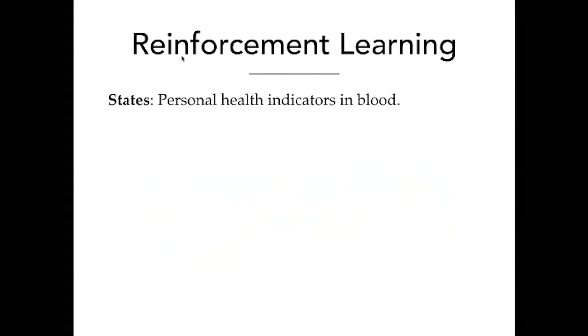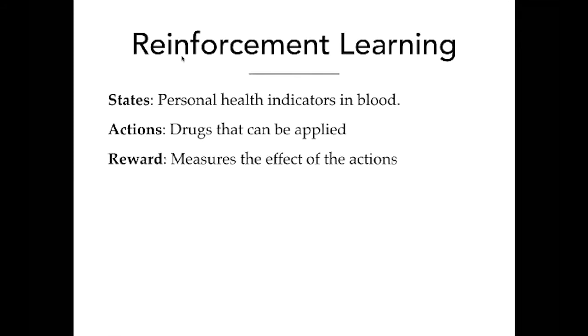In this case, the states are these health indicators in the blood. The patient goes in, gets a blood test, and you can count certain factors in the blood. The actions are the drugs that can be applied. The reward measures the effect of those actions. And the goal is to maximize this reward function so that we get to a healthy patient as soon as possible.